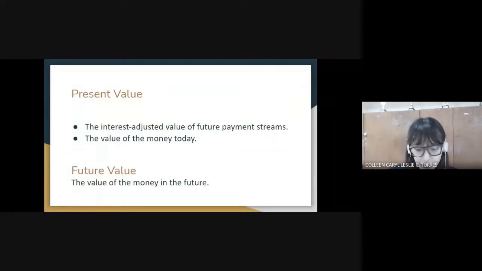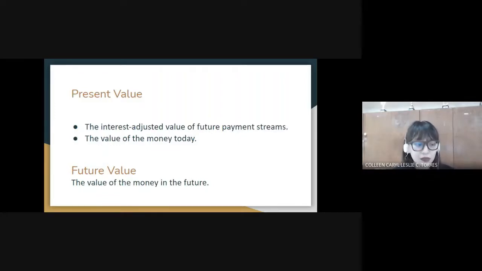So as mentioned earlier, the value of 5,000 pesos today, using the formula, is the value of the money divided by 1 plus the interest rate raised to the power of time. And so 5,000 pesos at a 10% interest rate, earlier in the example, was equal to 4,545 pesos.